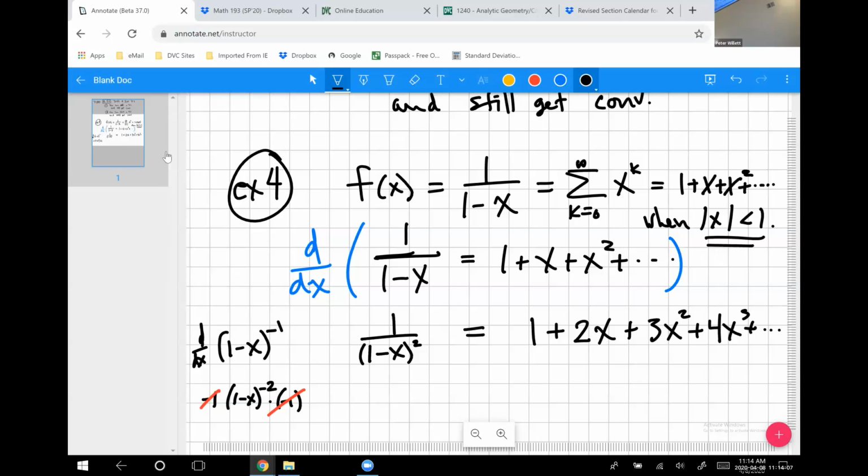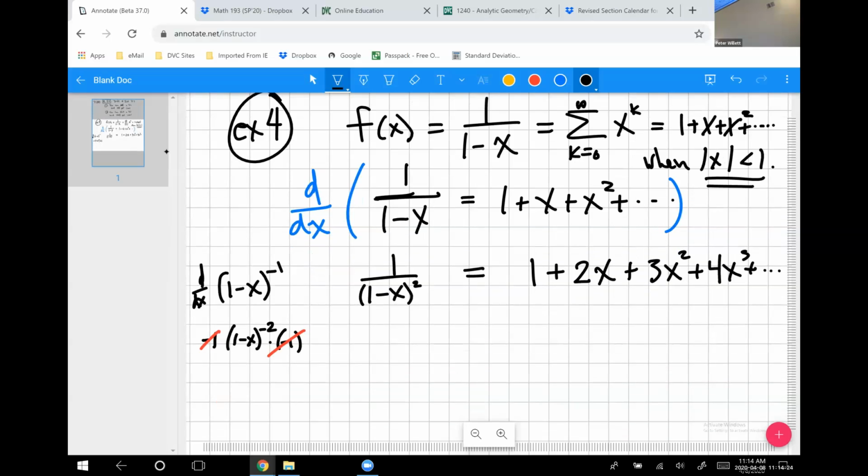So what does this mean? Well, it means that if you have a known power series, like we know that this thing gives us this, and you differentiate both sides, then you get a new power series. So this is a way we can figure out new power series from old power series. In fact, I can take this and write it as a formula.